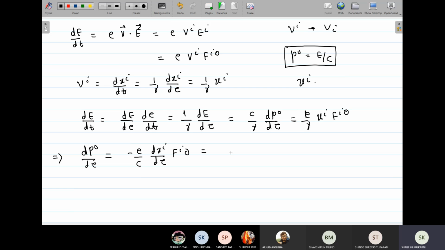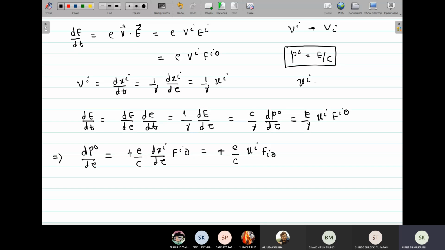Why am I putting a minus sign? There should not be any minus sign. Yeah, after lowering the index, there will be a minus. After lowering the index, I will get a minus sign. So this will be UI and Fi0, but Fi0 is minus of Fi0.